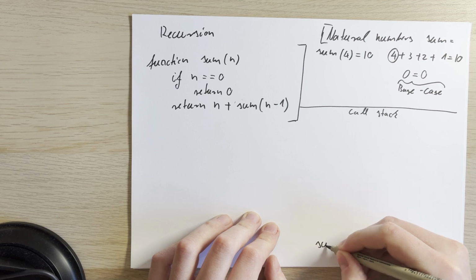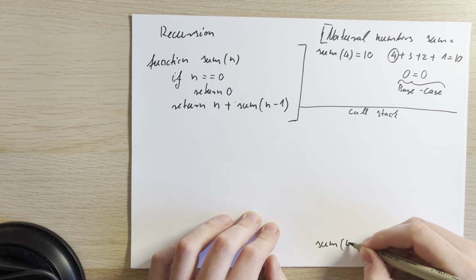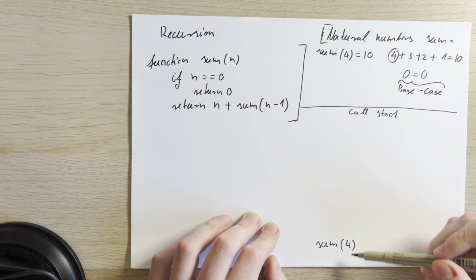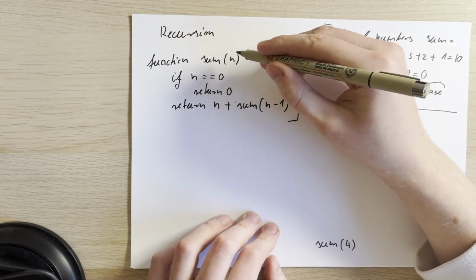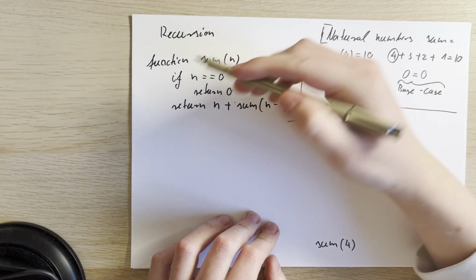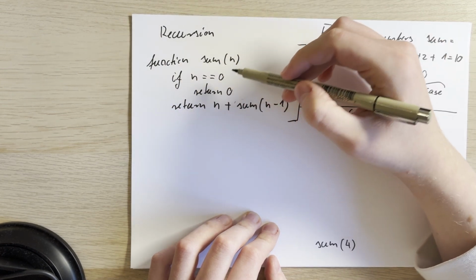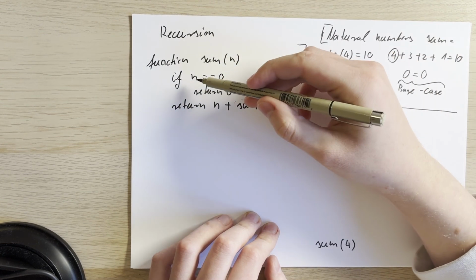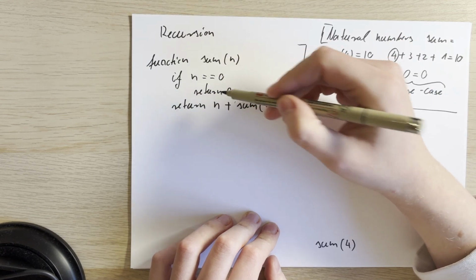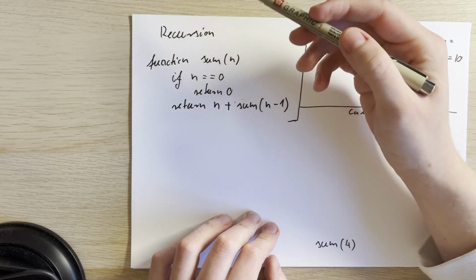I will have a call of sum 4, and let's walk through. In that case, n is the number 4. We need to check if 4 equals 0, and this evaluates to false, so we're not going into the if statement.